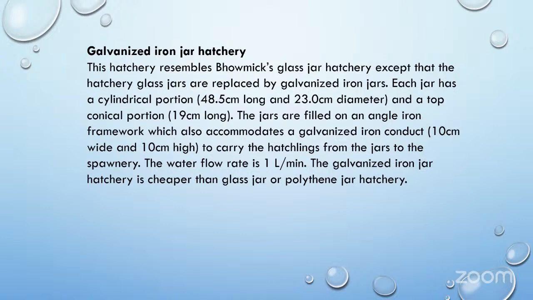The jars are fitted on an angle iron framework, which also accommodates a galvanized iron conduit, 10 centimeters wide and 10 centimeters in height, to carry the hatchlings from the jars to the spawnery. The water flow rate is 1 liter per minute, and the galvanized iron jar hatchery is cheaper than glass jar or polythene jar hatchery.